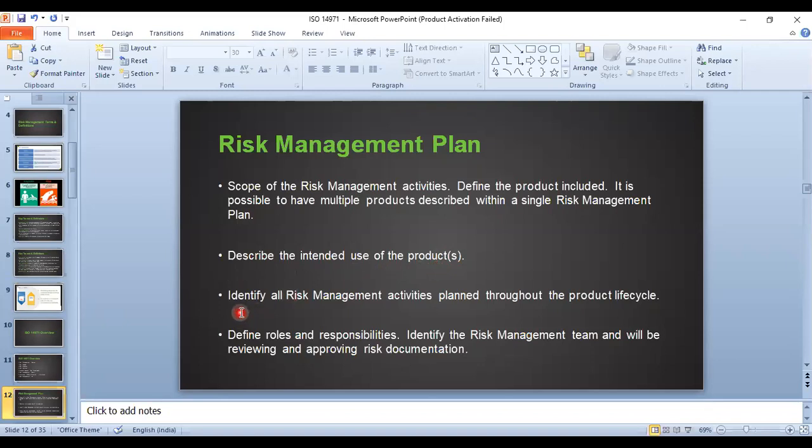Then identify all risk management activities planned throughout the product life cycle, starting from getting the idea to the ultimate manufacturing process.